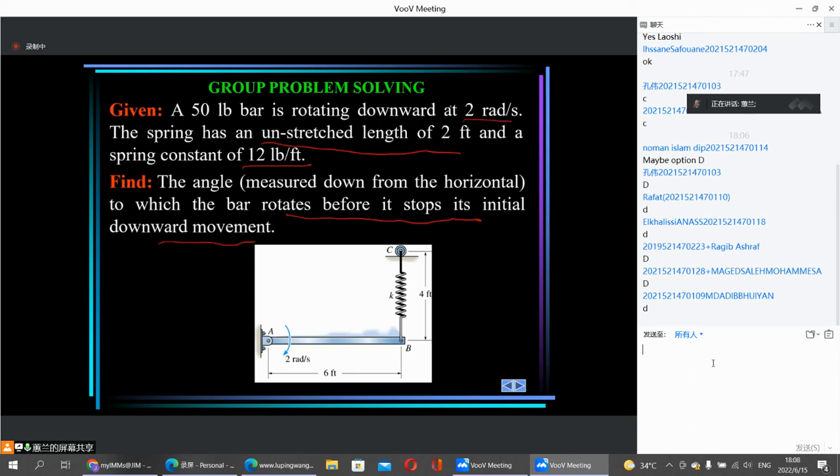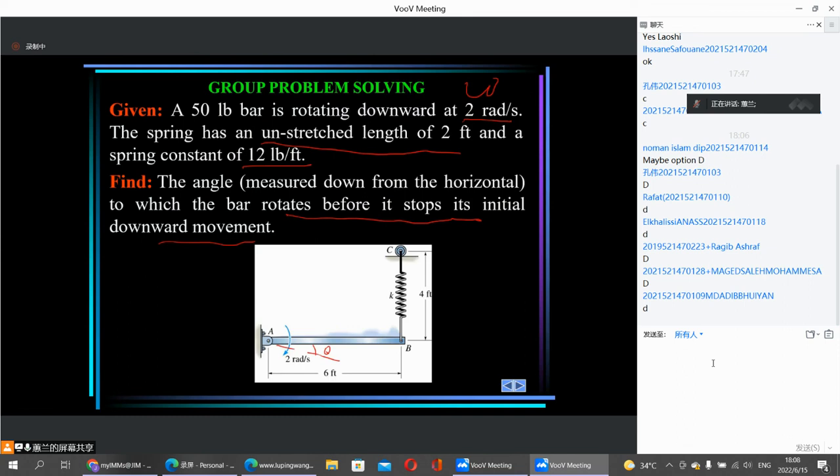Initially, this bar is rotating with an angular velocity equal to 2 radians per second, and initially the spring has its unstretched length. Then after it rotates for some time, AB will stop rotating, right? We need to find out the angle.